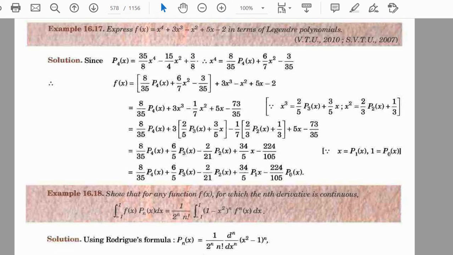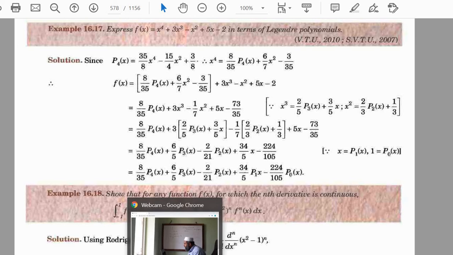The reason behind it is that he wants to combine this x square with this x square, and finally however much x square remains, he is planning to substitute that x square value. Anyway, if you like this, you can go this way. If you like that, you can go that way. Otherwise, I'll do it in my way. Let's come back to this one.